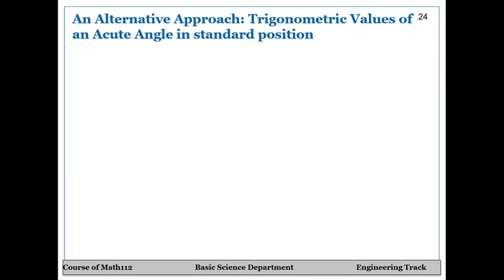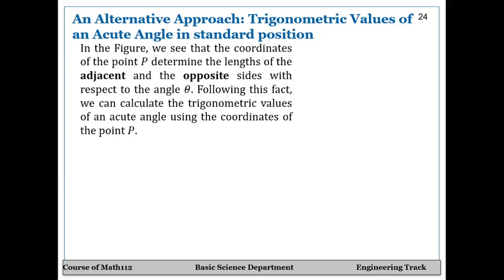Okay. An alternative approach to trigonometric values of an acute angle in standard position. Now here we want to do the same things in an acute angle in standard position. What I mean here is we want to put the angle in the standard position, which means in the Cartesian coordinate system.